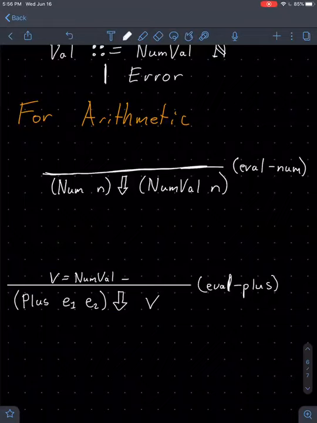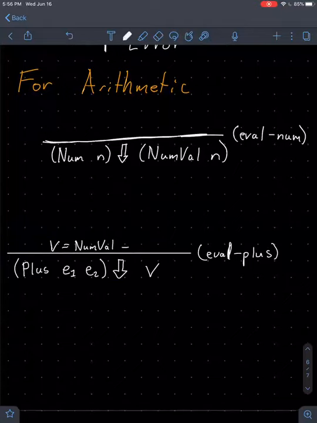Cool, so how might I do that? Well, I have notation for that already. I know how to evaluate stuff. So I'm going to actually remove our V for a second here, because we'll find it's a little bit of a headache to actually write it that way. We'll get back to that idea though. So here we'll write E1 evaluates to some num val V1.